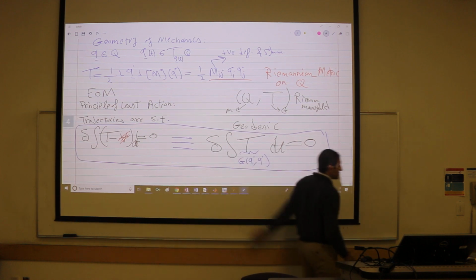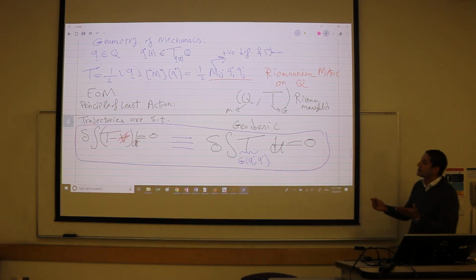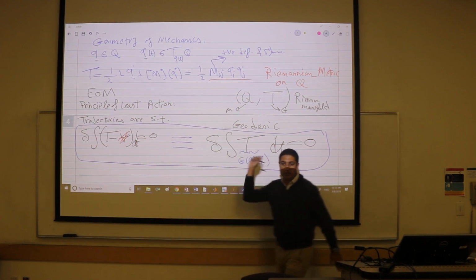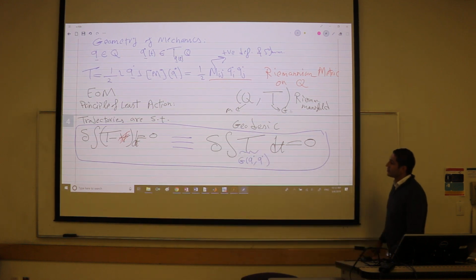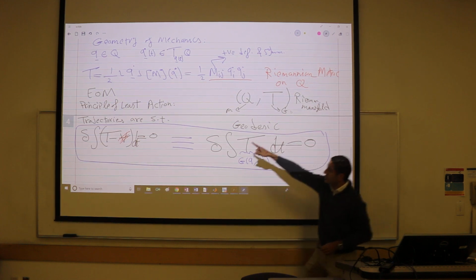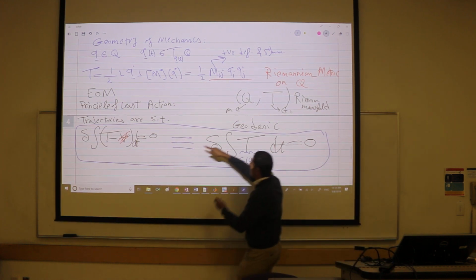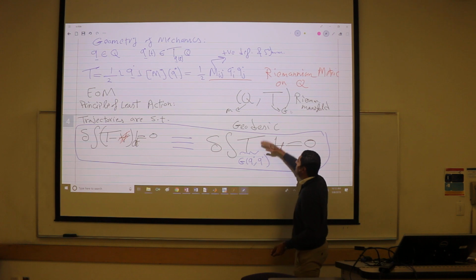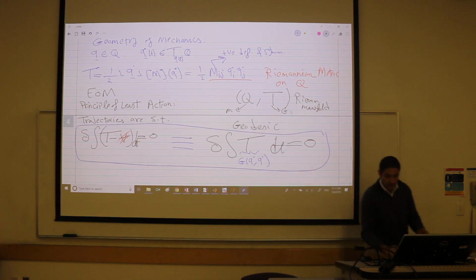This statement is beautiful because it includes geometry, mechanics, and calculus of operations in one line. So here is the geometry. Your motion trajectories satisfy this equation, actually the same equation, but it's just a different perspective. Satisfying this equation means they are geodesics.